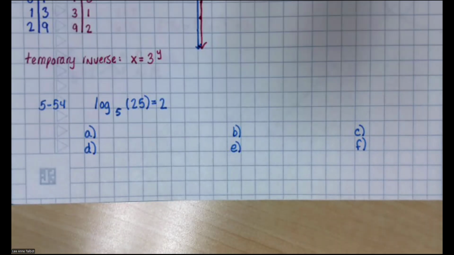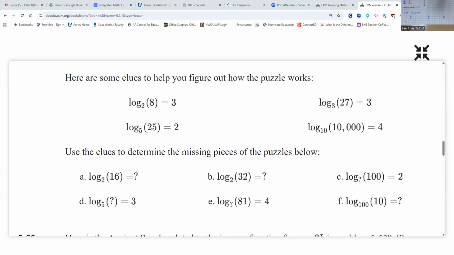Okay, are you guys ready? Did you set it up? Okay. All right.